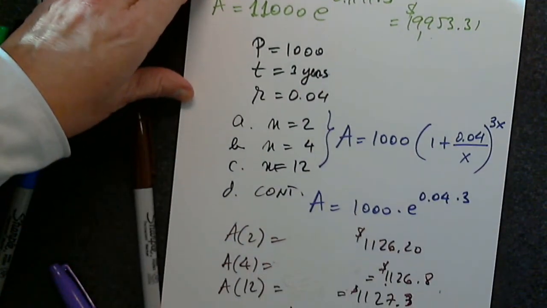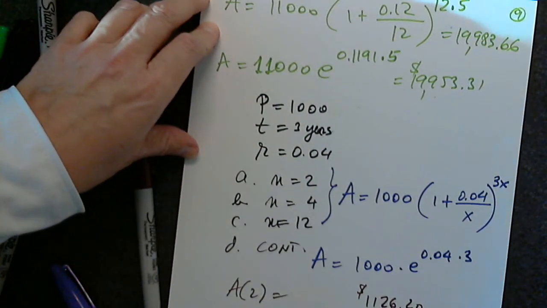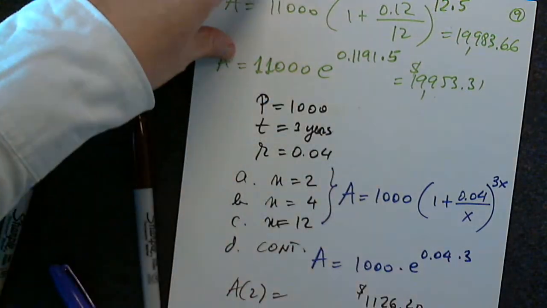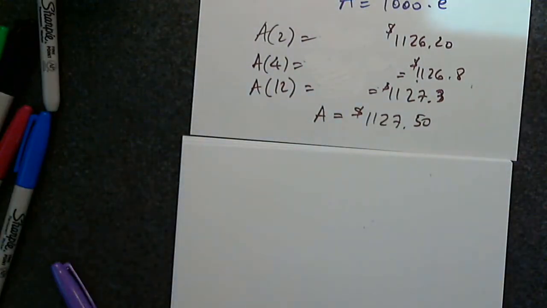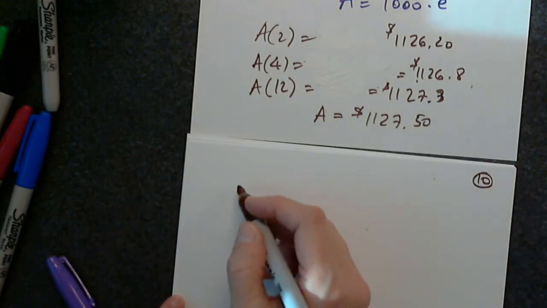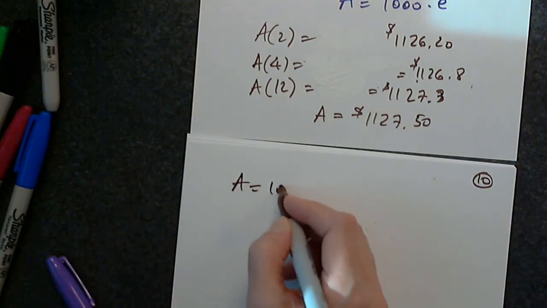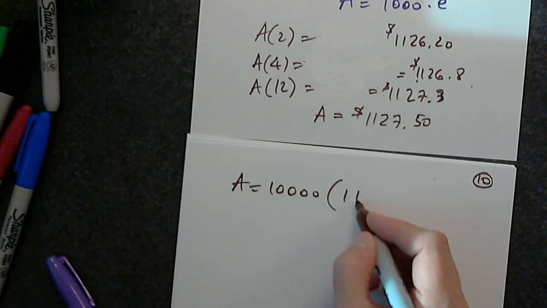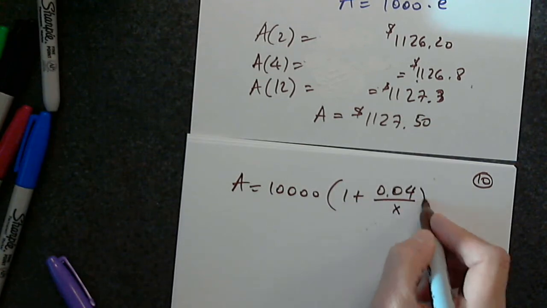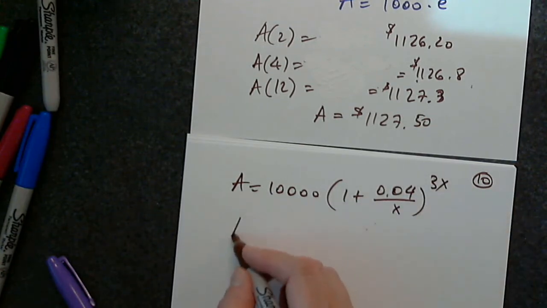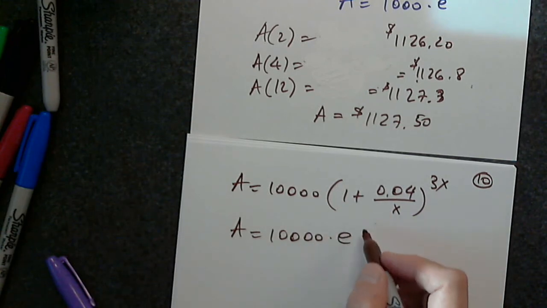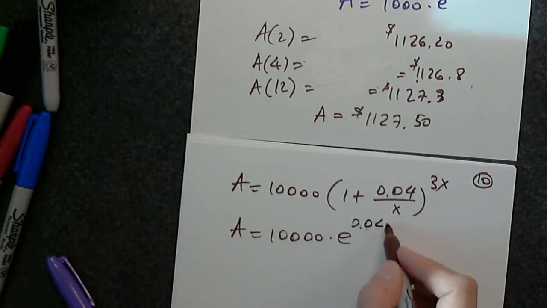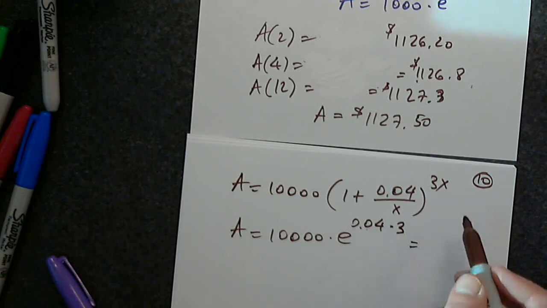Okay, let's do it again with 10,000. My apologies. I don't want to erase again. So we have A equals 10,000 times 1 plus 0.04 over x raised to 3x, and A equals 10,000 e to 0.04 times 3.